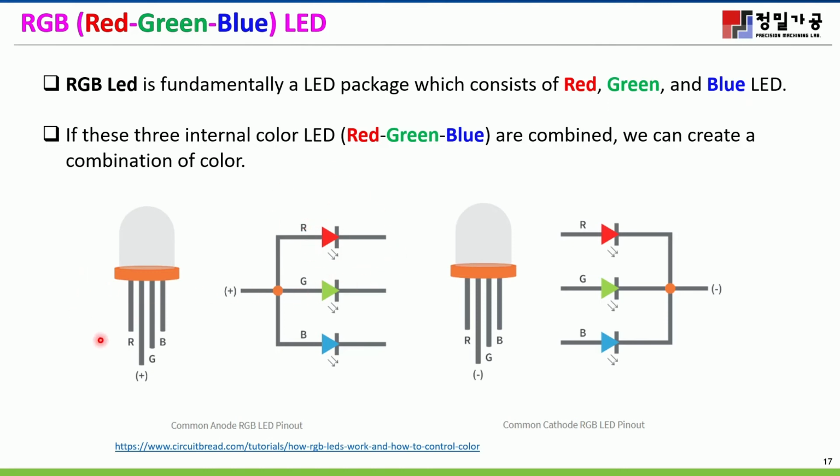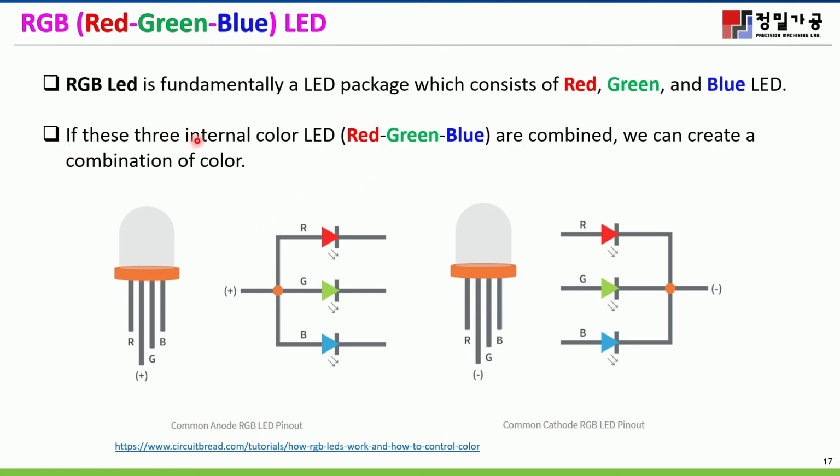There are two kinds of RGB LED: common cathode, where ground is here, and common anode, where it is positive. In this schematic, there is no internal resistor, so you should install a resistor together with each pin.